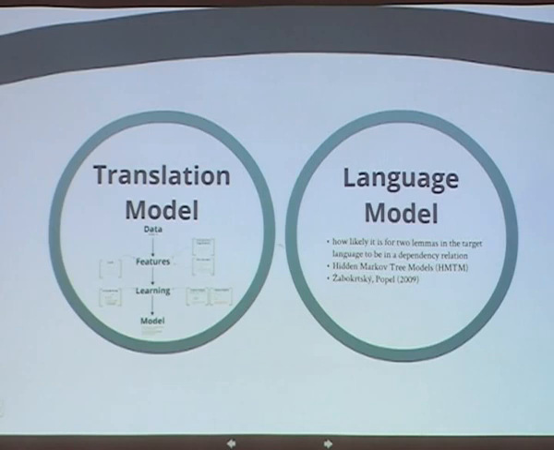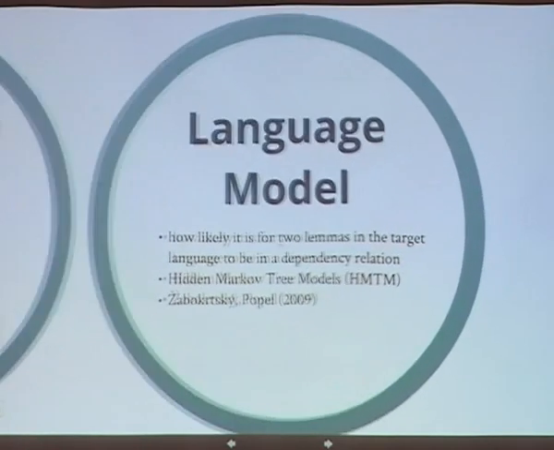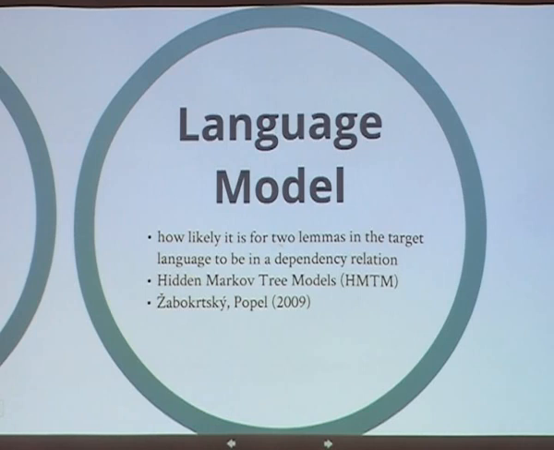Probably all of you know it from classical MT. But this language model is not just an n-gram language model, but a tree language model. So it models how likely it is for two lemmas in the target language to be in a dependency relation.